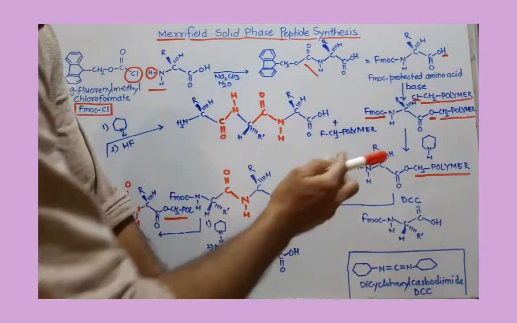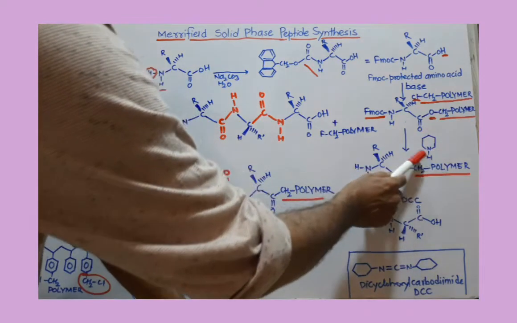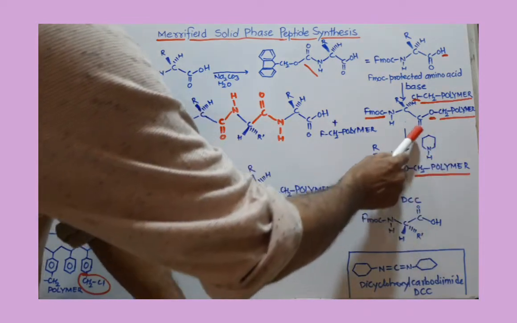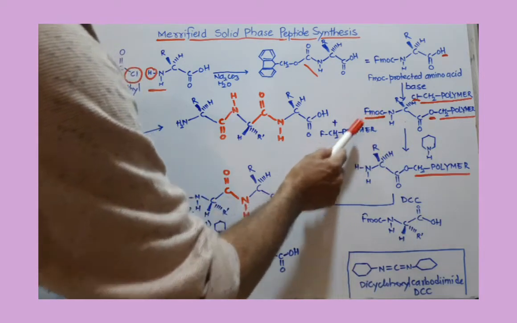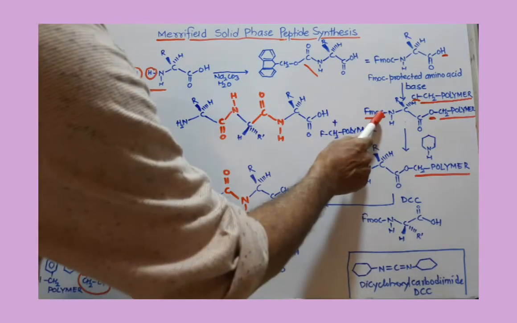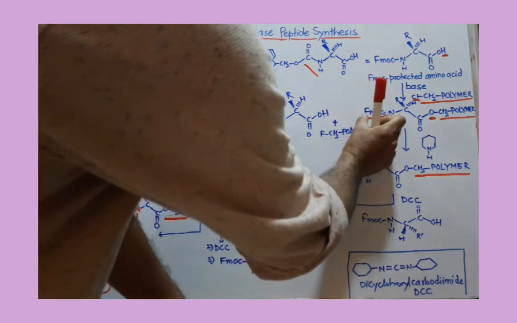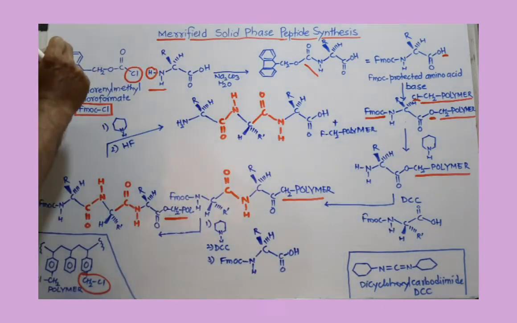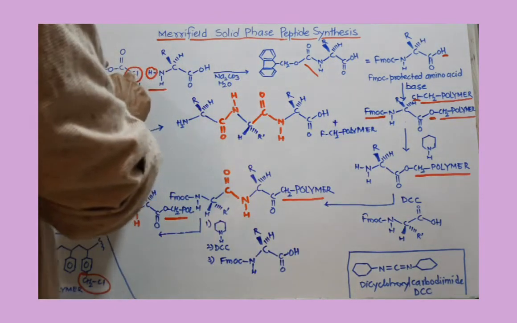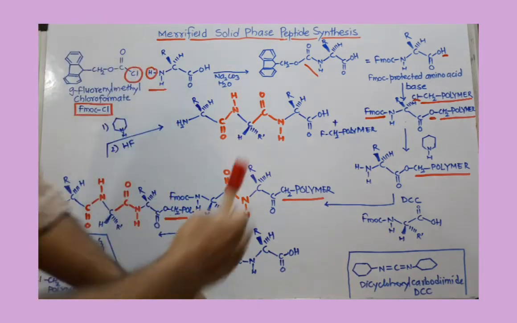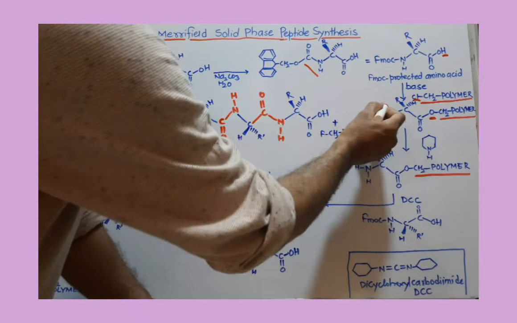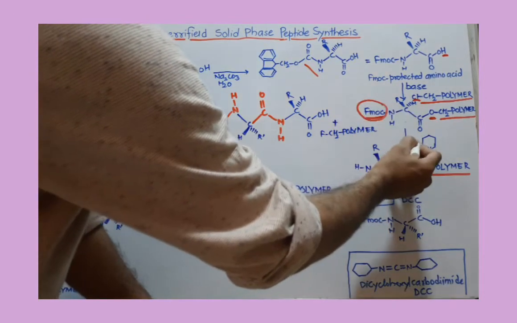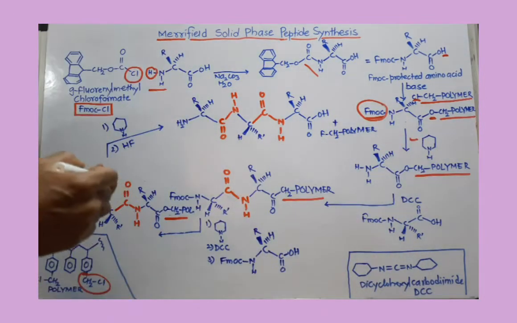For this purpose you use an amine, piperidine, to deprotect this. Once this is removed, the Fmoc part will convert back to H. We are not interested in what will happen there. You simply remember that you are going to remove this portion by using piperidine, this base.